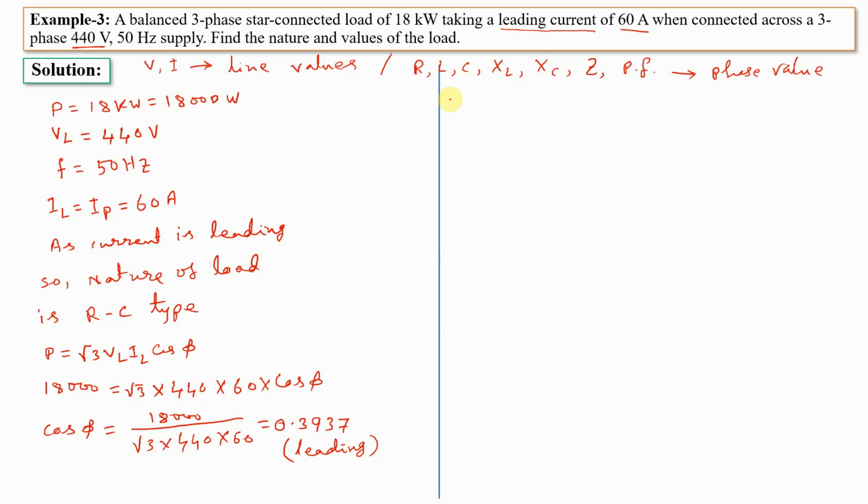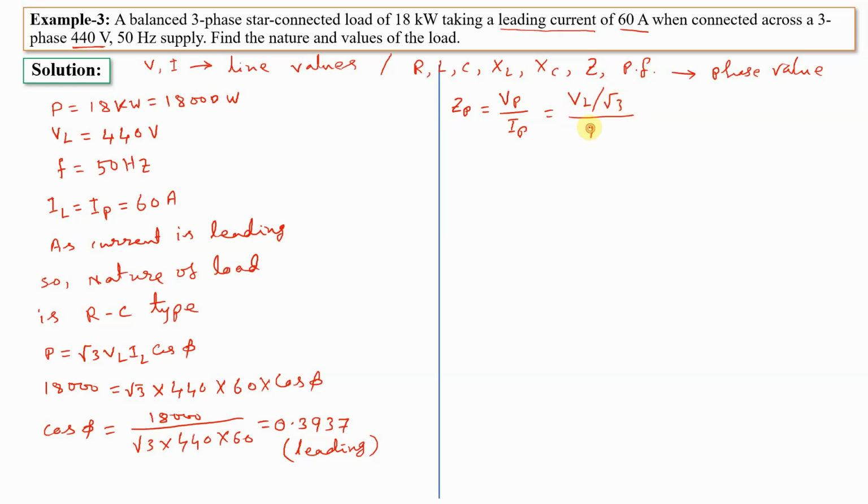Next is the resistance per phase. One more thing, we can here find the value of impedance per phase also. That is the Z phase. And the Z phase will be V phase upon I phase. V phase means it will be line voltage upon root 3.